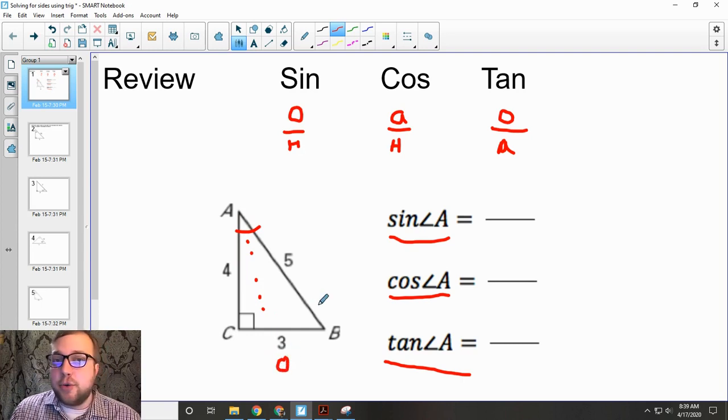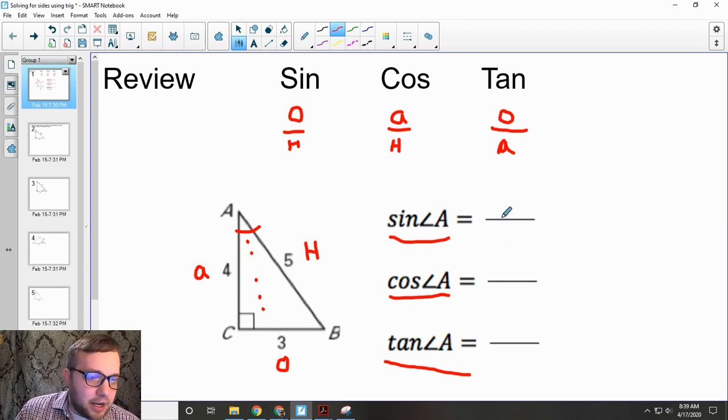My hypotenuse is my longest, so that's 5. And that leaves me with my adjacent, which has to be 4, right? That's how I usually do it. I go opposite from that angle, hypotenuse, and then whatever's left over is your adjacent. Also, make sure that you have a right angle, because these don't work unless you have a right angle. So there we go.